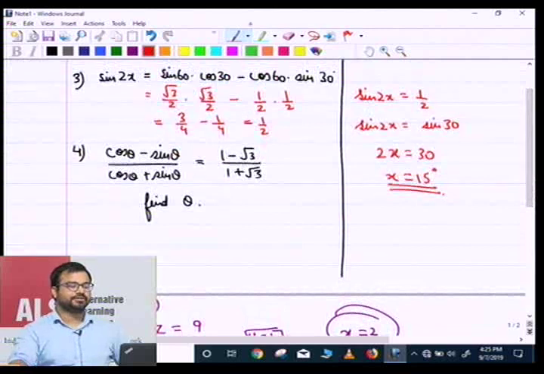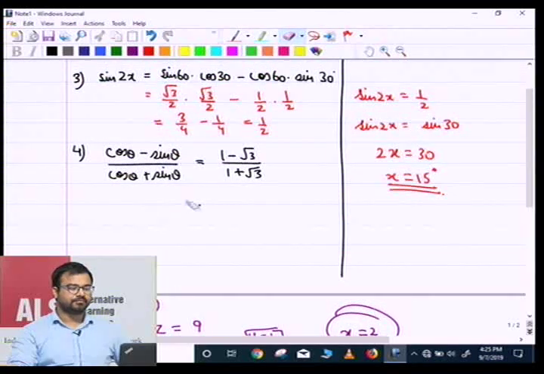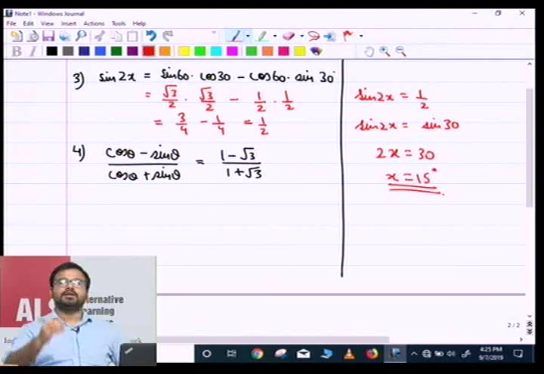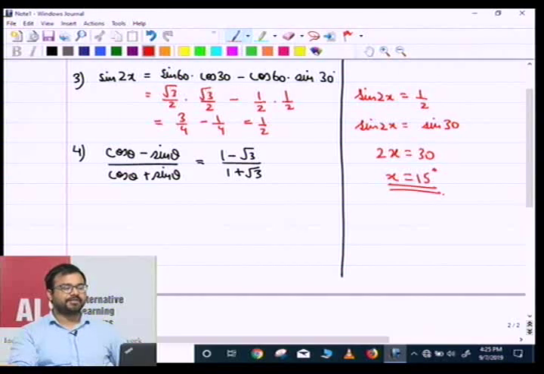And the fourth question. Since we have to find the value for theta, what we can do is divide the left hand side. This is cos theta and sin theta. So divide the complete equation, the numerator and denominator, both by cos theta.